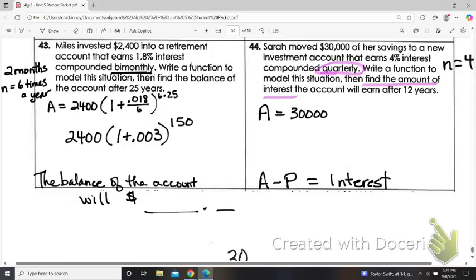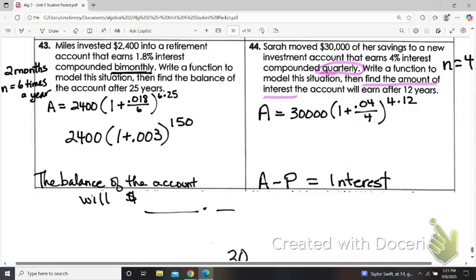30,000, that's my principal. 1 plus 0.04 divided amongst those 4 quarters, and then 12 years, so 4 times 12. Remember, that's always the trade-off, if you have something here, you're going to have something here.